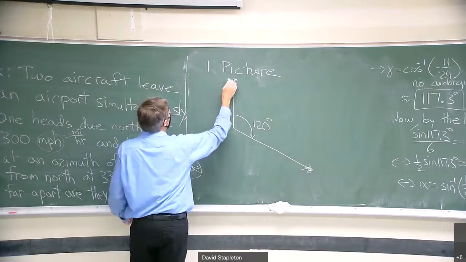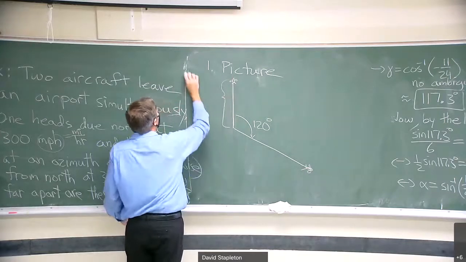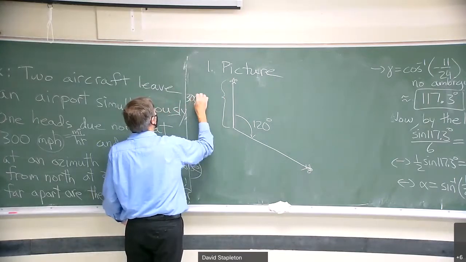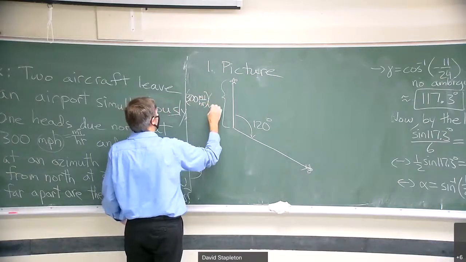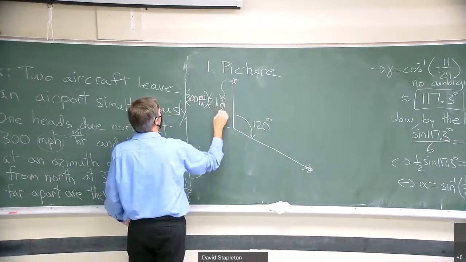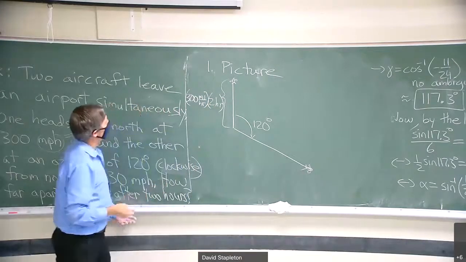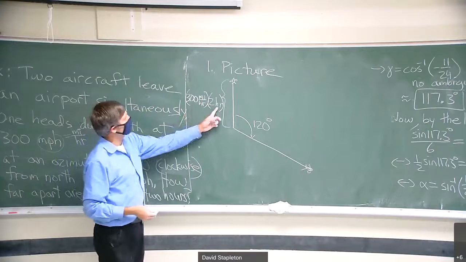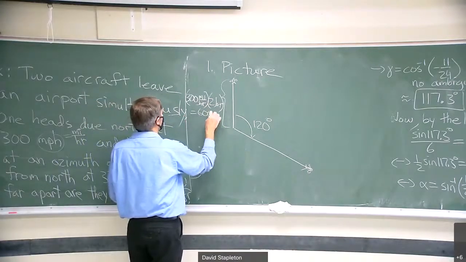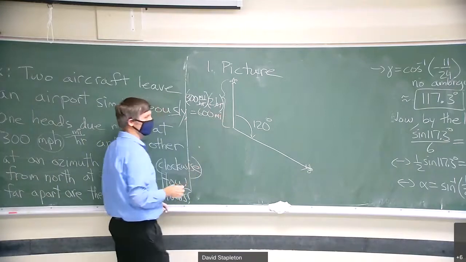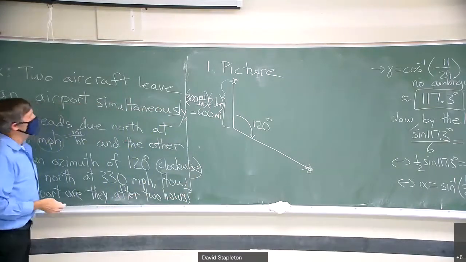If the plane travels at 300 miles per hour for 2 hours, then you have 300 miles per hour times 2 hours. The hours cancel, and you get 600 miles. That's how long this side of the triangle is, right? Now I said, draw a picture.